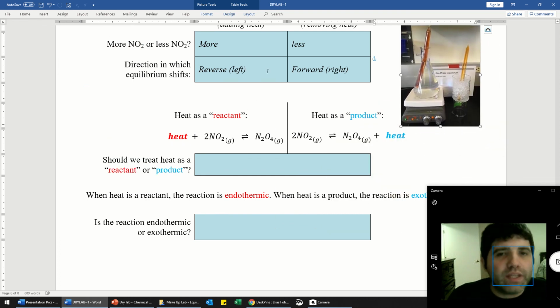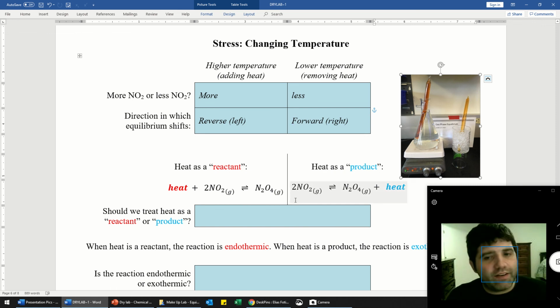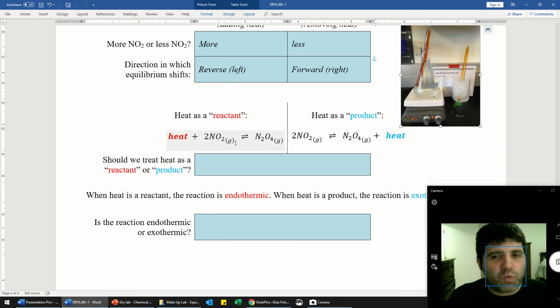What we know is that when we add heat, when we increase the temperature, we make more NO2, it goes to the left. So adding heat makes equilibrium go to the left. Removing heat makes the equilibrium go to the right. So one of these scenarios will be true for both cases. We can either treat heat like a reactant or a product.